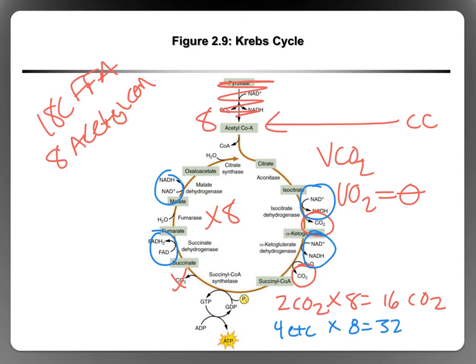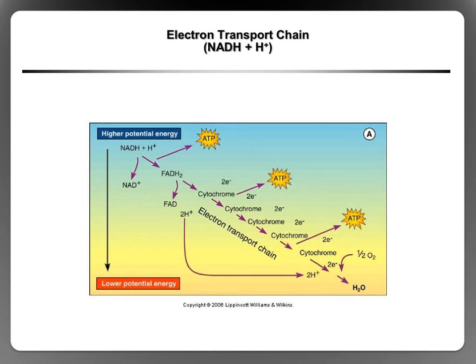So we go through electron transport chain 32 times as a result of the hydrogen and electron pairs that are given off in Krebs cycle as a result of 16 carbon FFA. Okay, so let's put these numbers together. Oh, and again, each of those carbon pairs is going to go through electron transport chain and use a half of an oxygen.